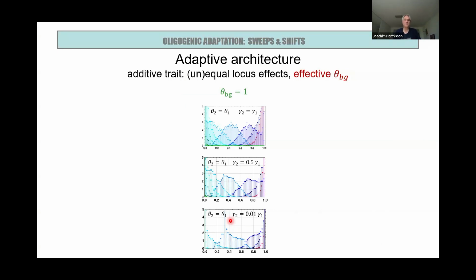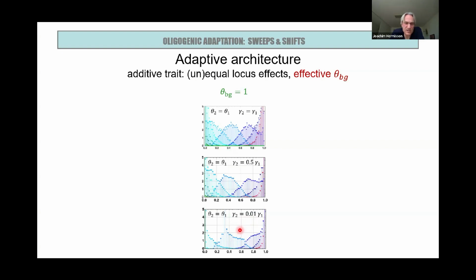All right. So this is our case for oligogenic adaptation with the same and with different locus effect sizes. What you see already a bit is that if you look here, and especially here, things become a bit more spiky. So these distributions are spikier if we have large differences in the locus effect sizes.